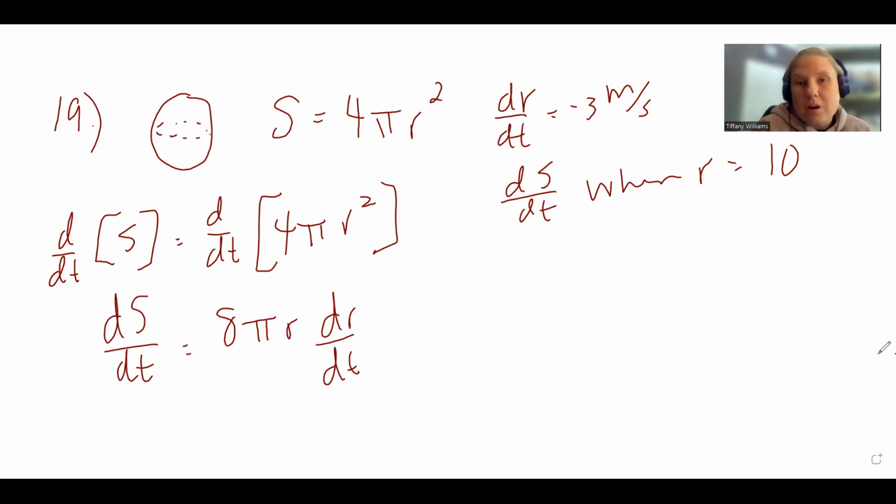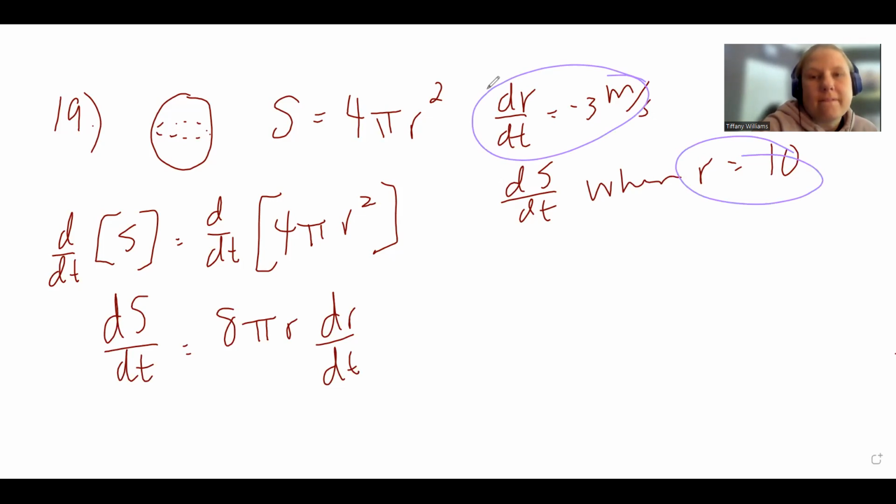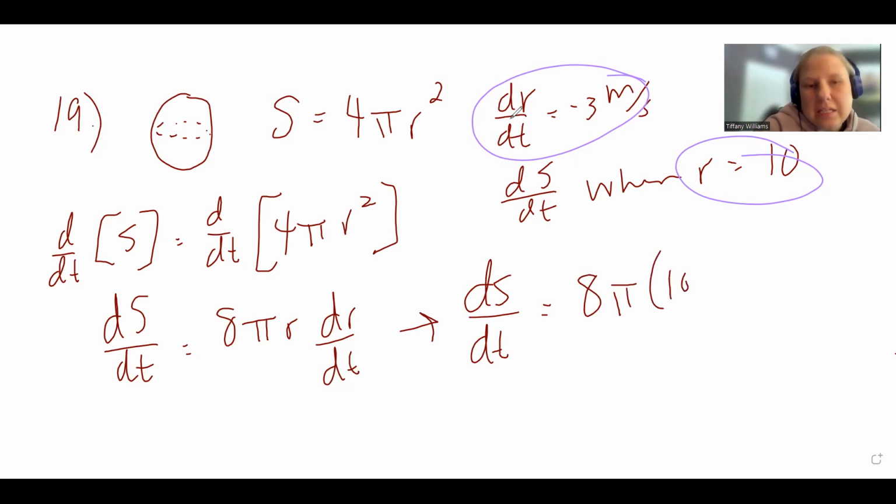Now I'm just going to plug in what I know. I'm going to change dr/dt to be that, and I'm going to change r to be that. So I'm going to have ds/dt equals 8 pi, r is 10, dr/dt is -3.